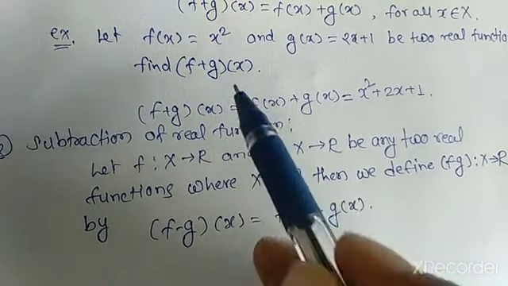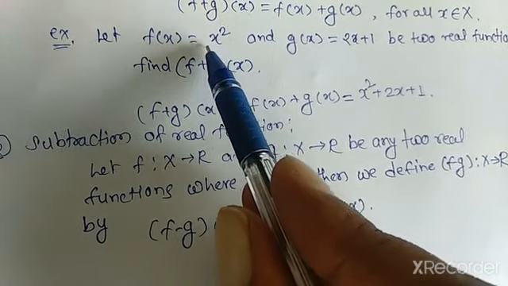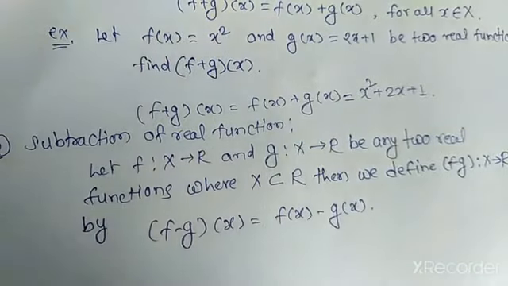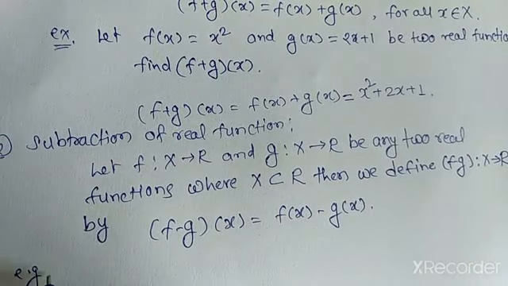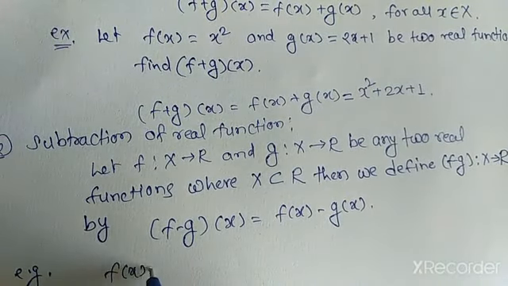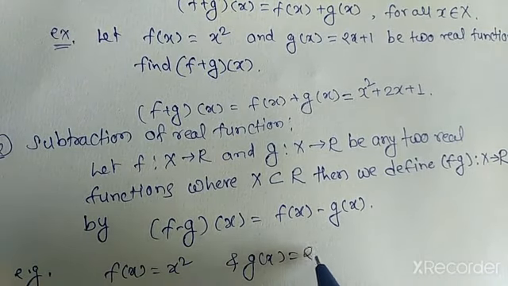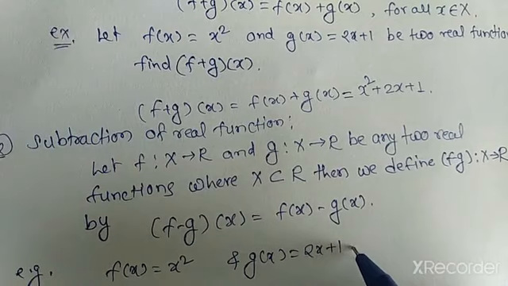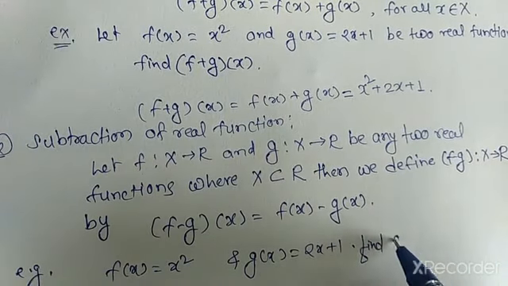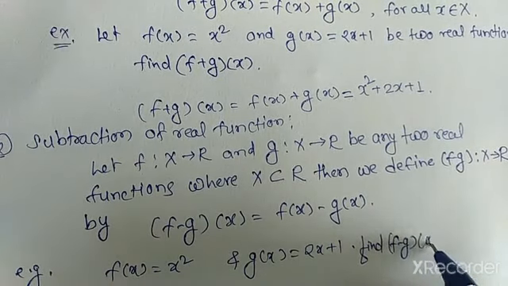If we consider this example only, f(x) is equal to x square and g(x) is equal to 2x plus 1, then we have to find (f minus g)(x).